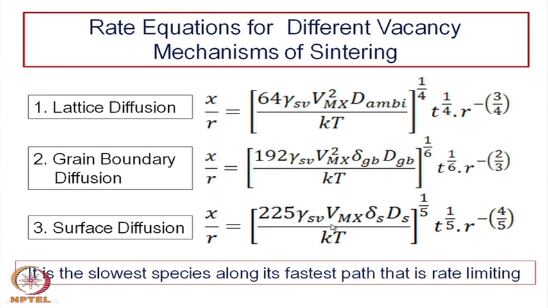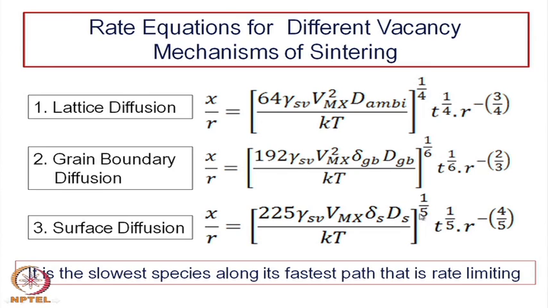And then you have another two terms here, which are delta Gb and delta S. That term is not there in the first one, and kT of course, the denominator kT is all the time present. So, delta Gb is the thickness of the grain boundary, and delta S is the thickness of the surface through which the vacancies are moving, that is the path which they are following.